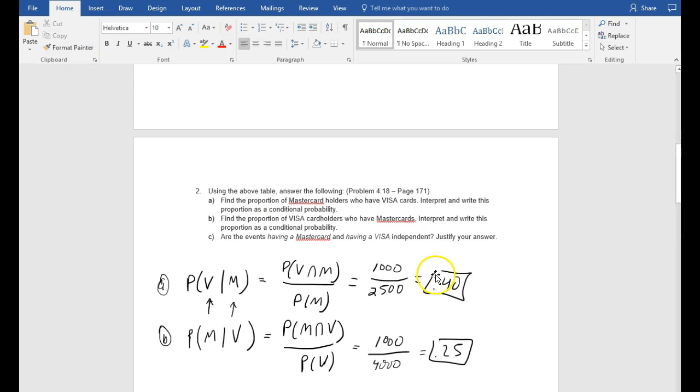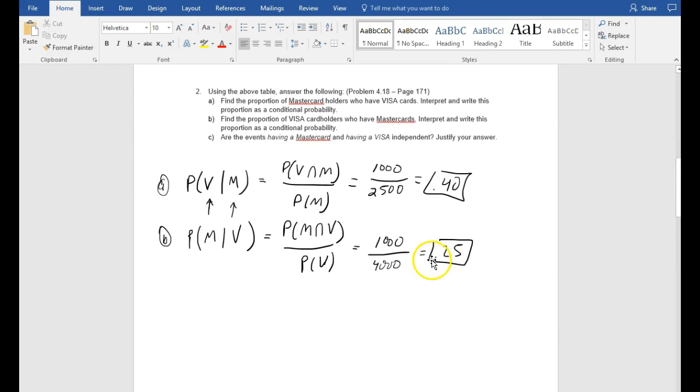Lastly, for this question: are the events having a MasterCard and having a Visa independent? Justify your answer. The easiest way to answer the independence question is to ask: when we multiply their marginal probabilities together, do they equal their joint probabilities?